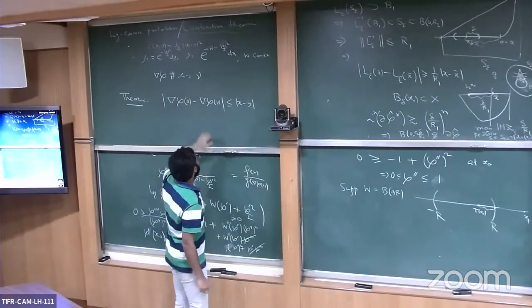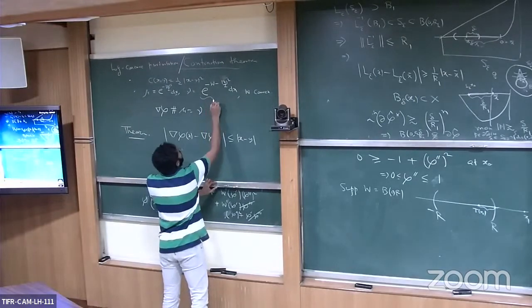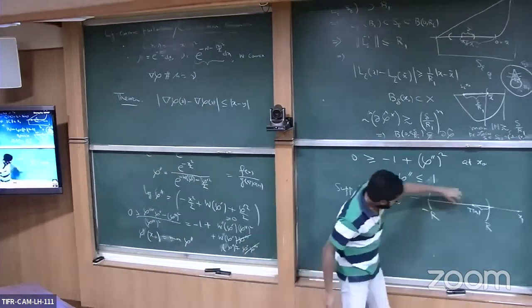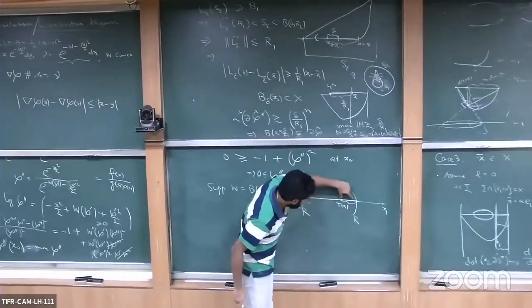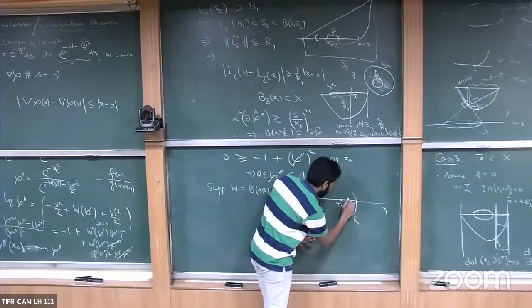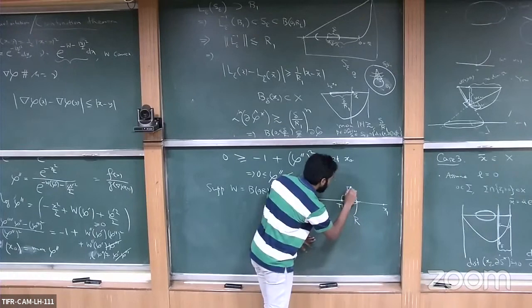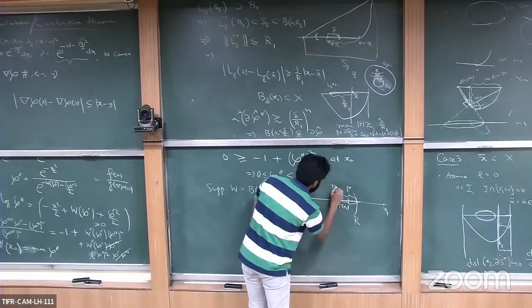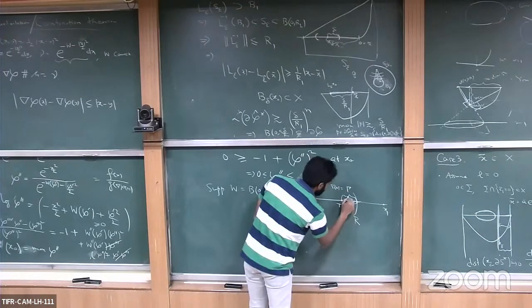I mean, from our assumption, this is bounded from below, right? And so let us look at this portion of the boundary. Let me call this gamma. Let us take a point Tx in gamma. So this is the point Tx.